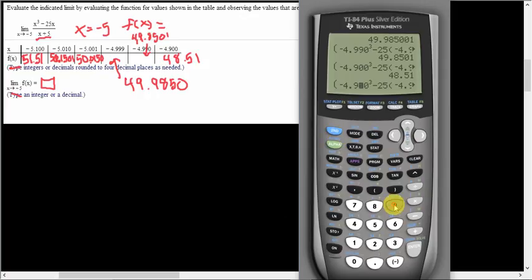So let's do 99, insert, 99999. We should see how many 9s those are: 1, 2, 3, 4, 5, 6, 7, 8.